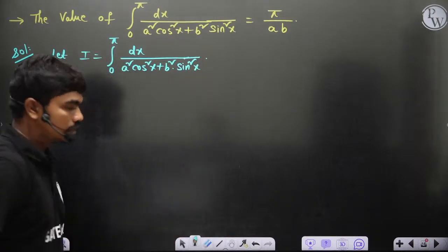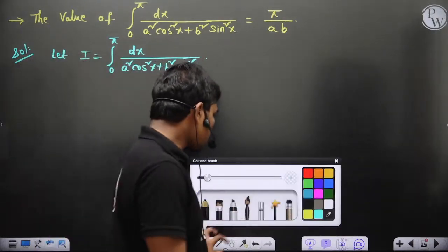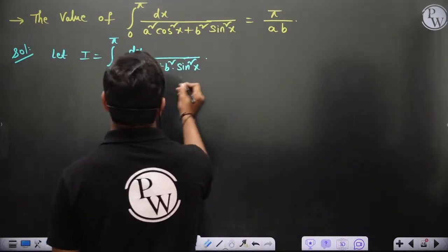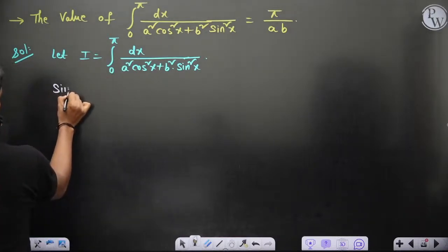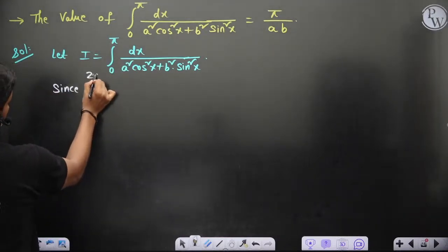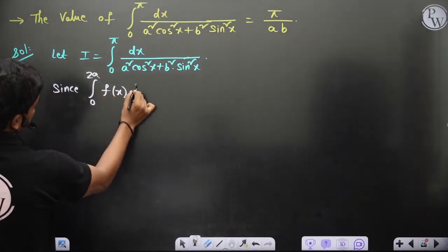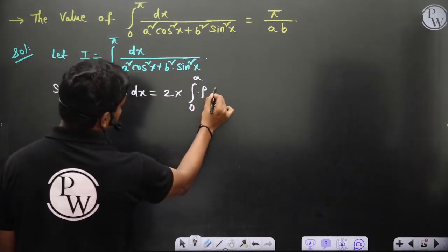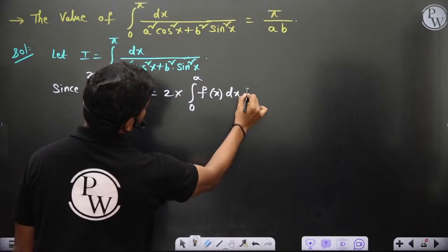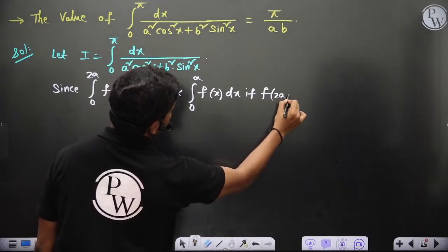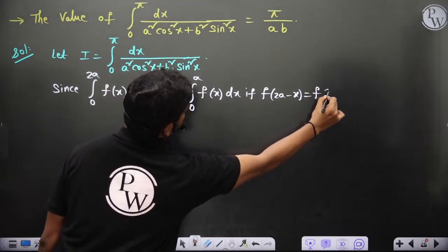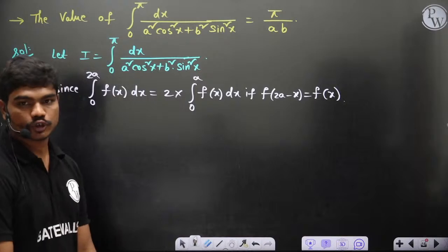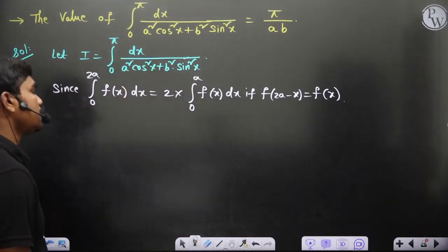Ultimately, I have told you one property: integral 0 to 2a f of x dx can be written as twice integral 0 to a f of x dx if f of 2a minus x is equal to f of x. I have taught you this in one of the properties, so that actually obeys here.